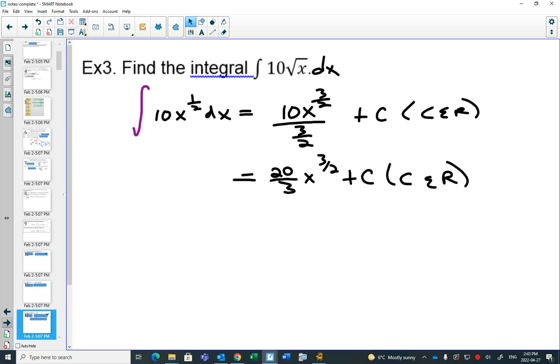And it simplifies nicely. Okay, so I'm going to save you some time. You can just write plus C. That's fine. Try the next one if you haven't already.